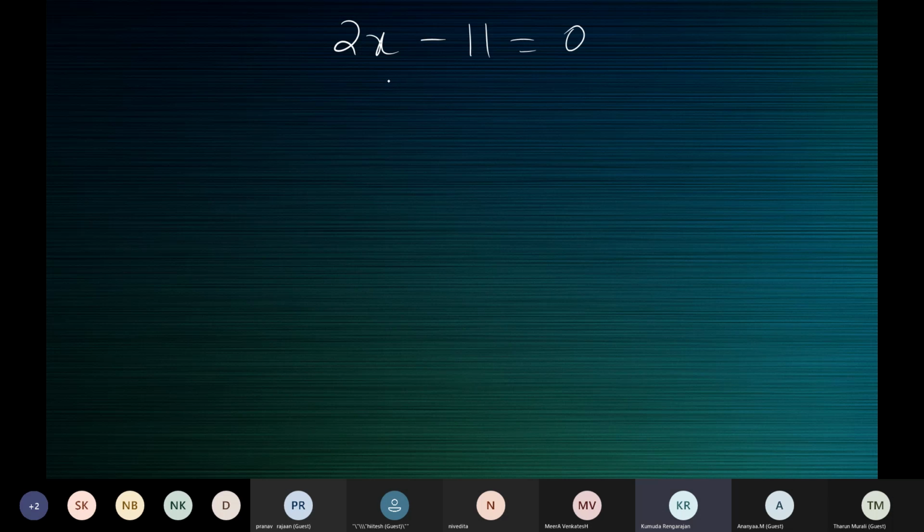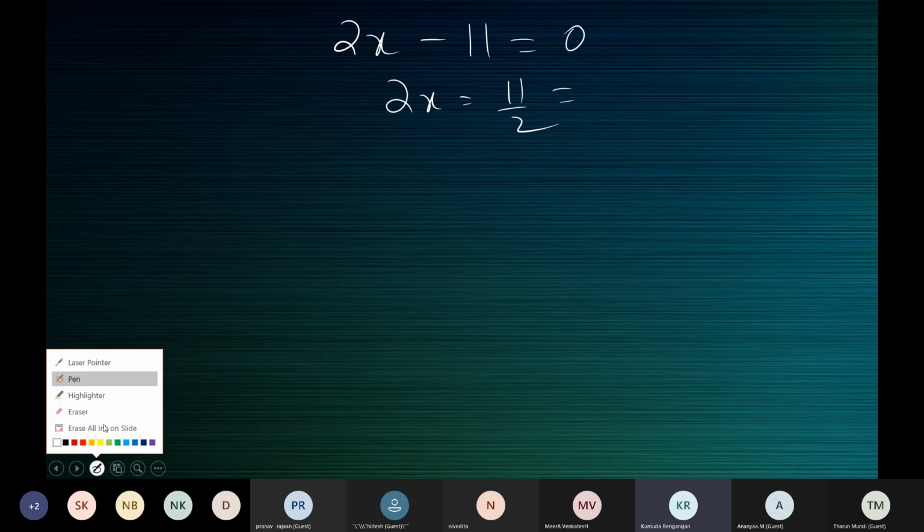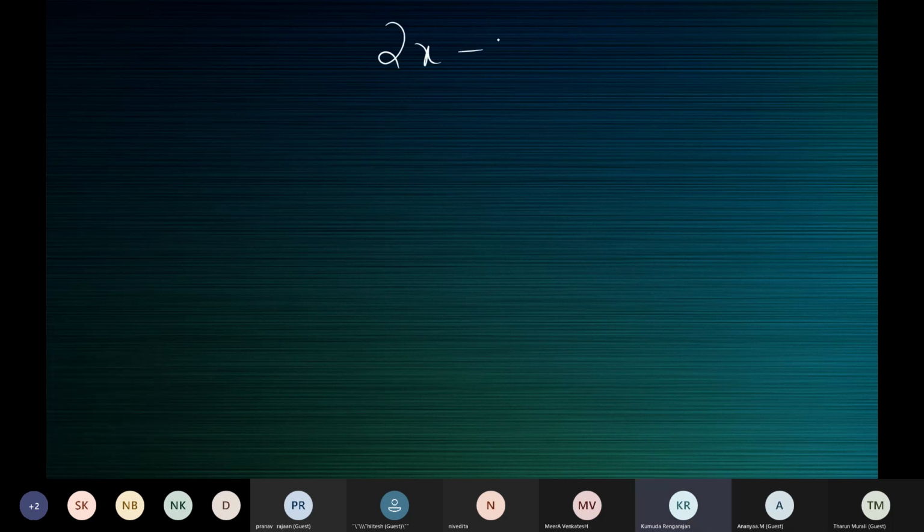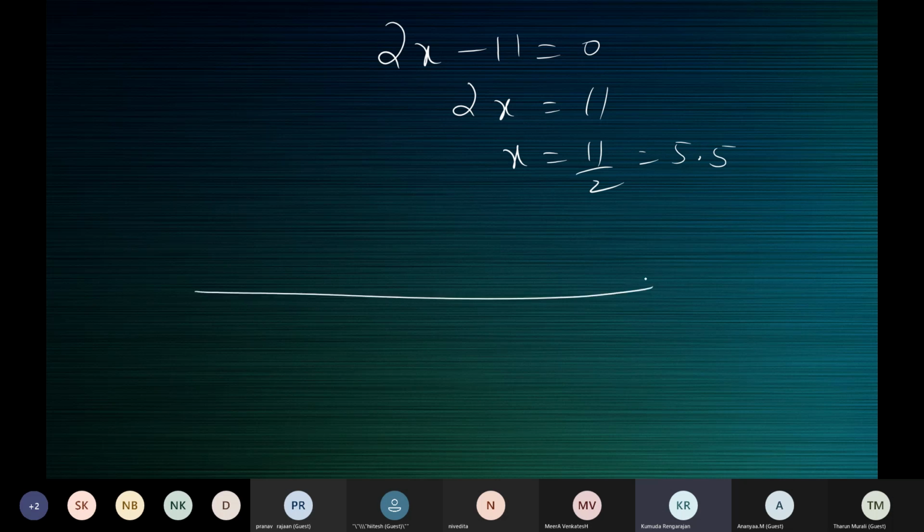So what do you get on solving? 2x minus 11 is equal to 0, 2x is equal to 11, x is equal to 11 by 2 or 5.5. If you had to make the graphical representation of this one, we took up a number line: 0, 1, 2, 3, 4, 5, 6, and then this is 5.5. So here we said x is equal to 5.5. Children, please recall this.